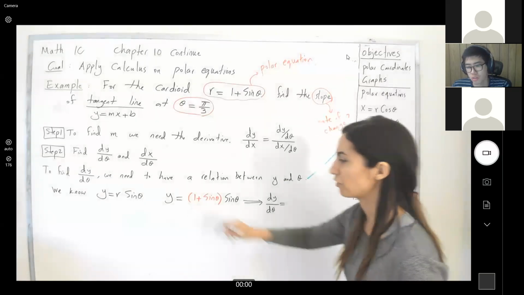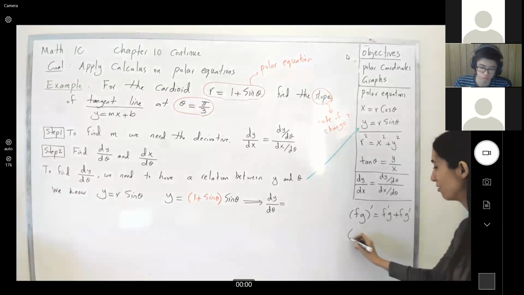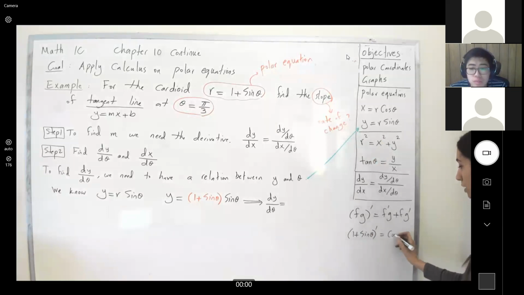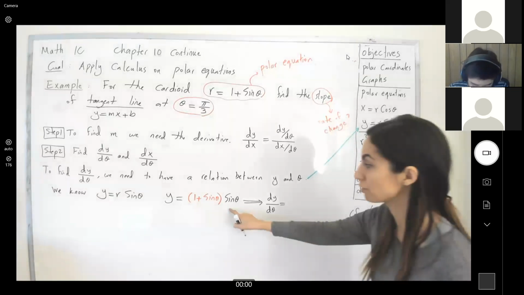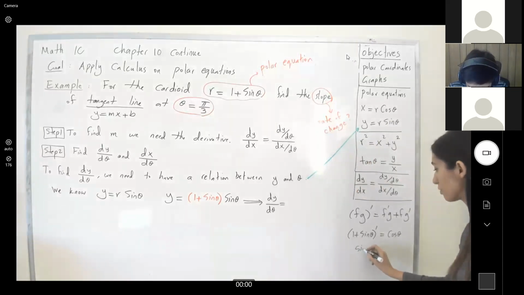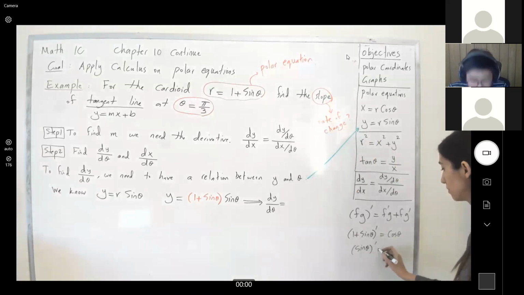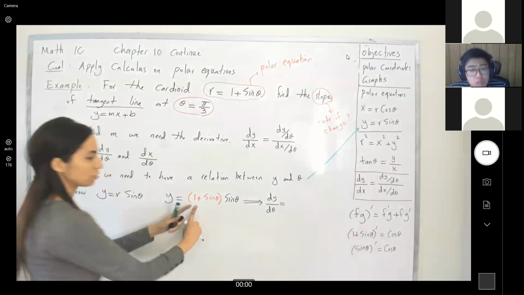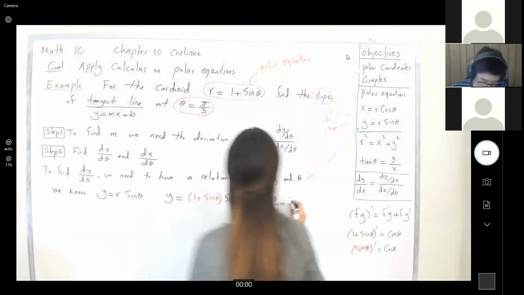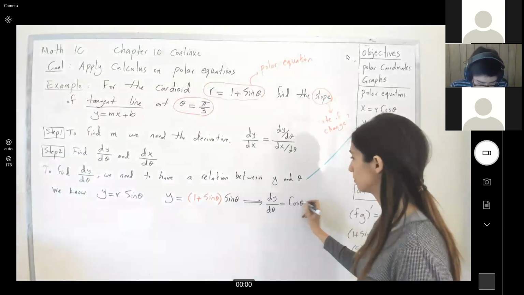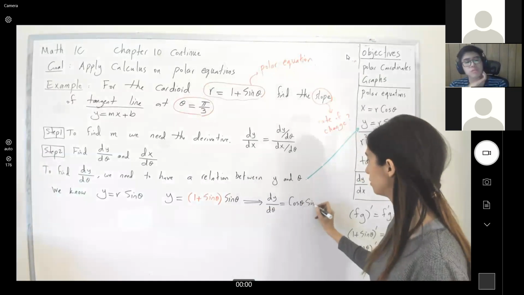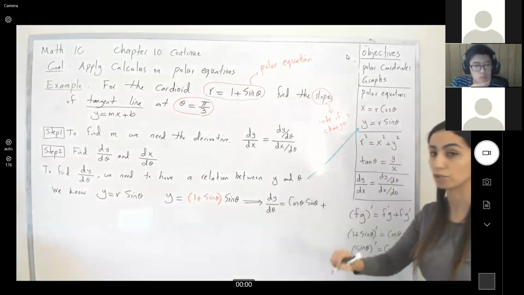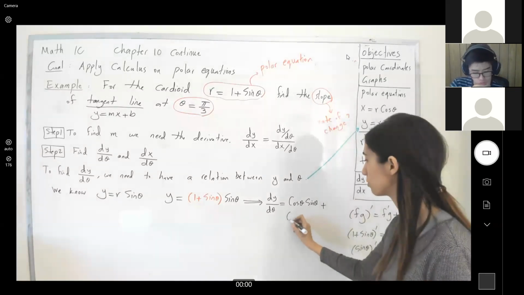We need the derivative of 1 plus sine theta, which is cosine theta. We also need the derivative of sine theta, which is cosine theta. Okay, so the derivative of 1 plus sine theta, cosine theta, times sine theta, plus the derivative of sine theta, which is cosine theta, times 1 plus sine theta.